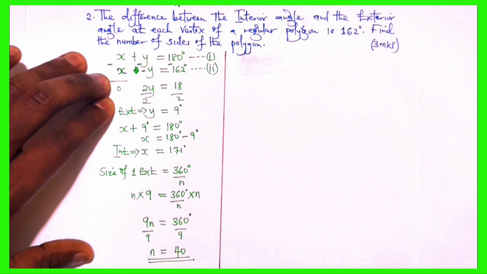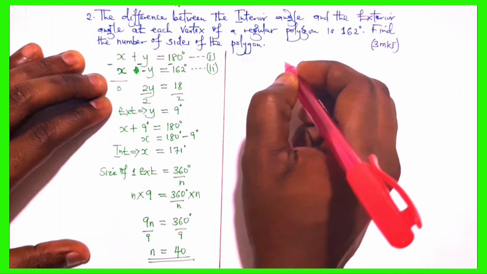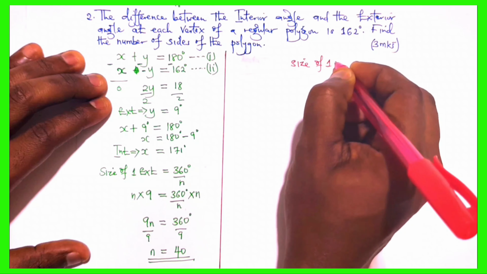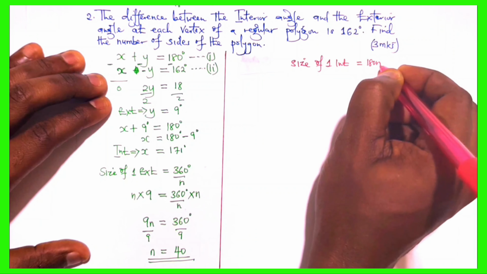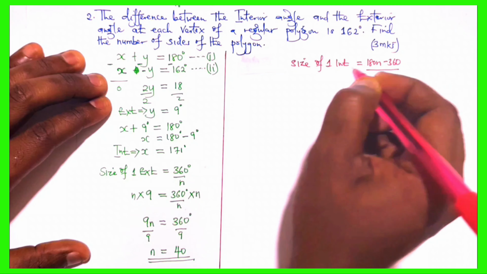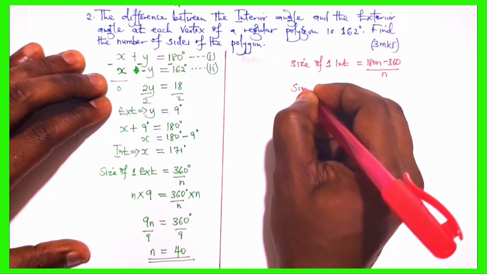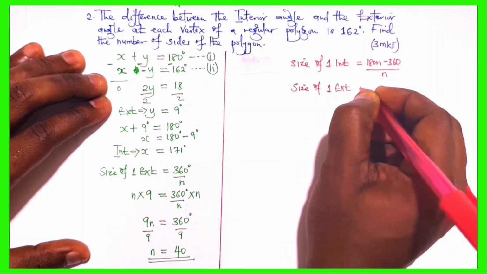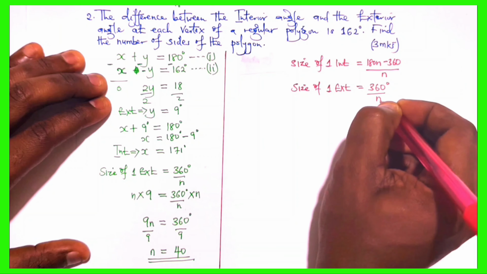Another way in which you can answer this question is by considering the laws. We know that the size of one interior angle will be equal to 180n minus 360 divided by n degrees. We also know that the size of one exterior angle will be equal to 360 degrees divided by n.